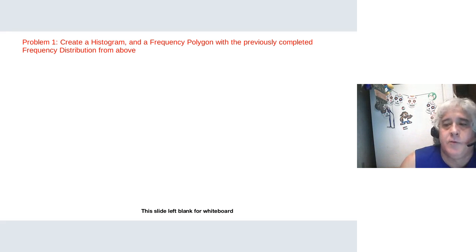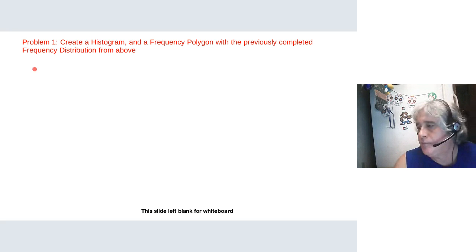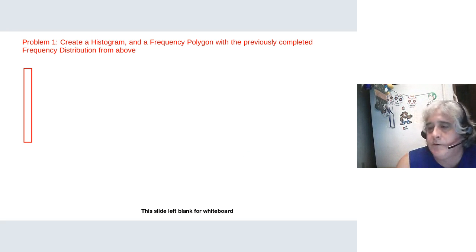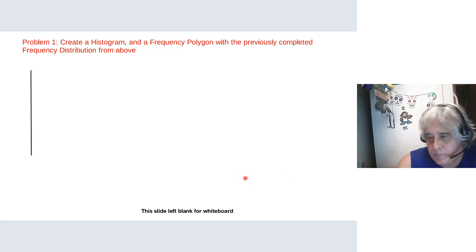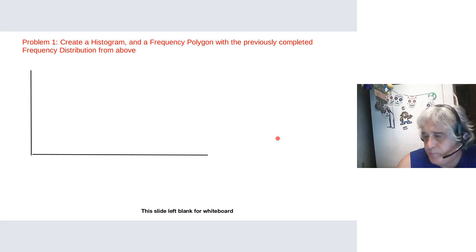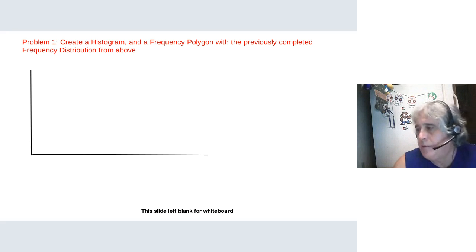All right, so remember we had the 66 to 67. So what I'm going to do is, let's use black. And first of all, I'm going to create the axes. All right, and if there was a ruler on here, it would make it even better, but try to do it as even as we can.